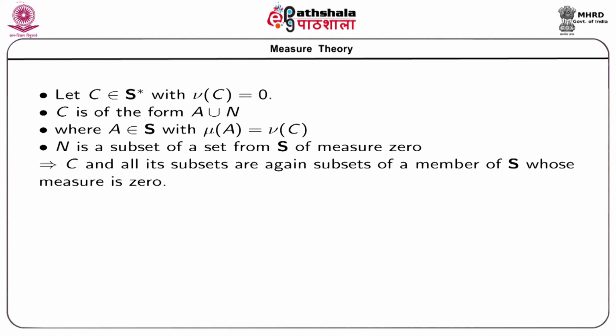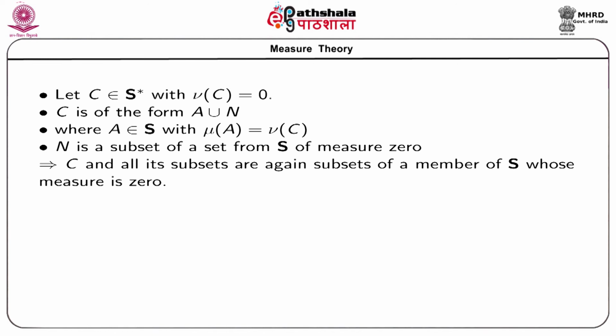Finally, we want to show that the resulting measure nu is complete. So, we start with a member C of S star such that nu of C is equal to 0. Since C is of the form A union N, where A belongs to S and mu A is equal to nu C, this follows from the definition of nu, and N is a subset of a set from S of measure 0.